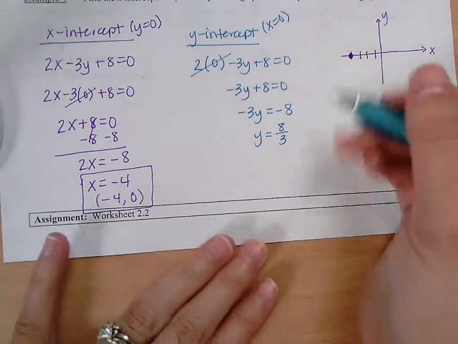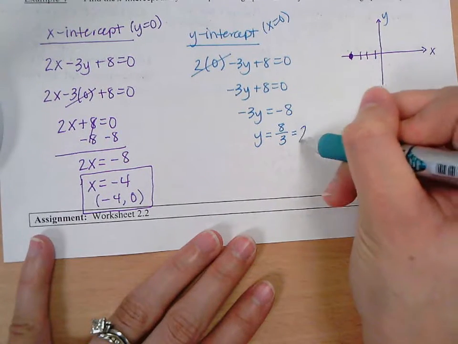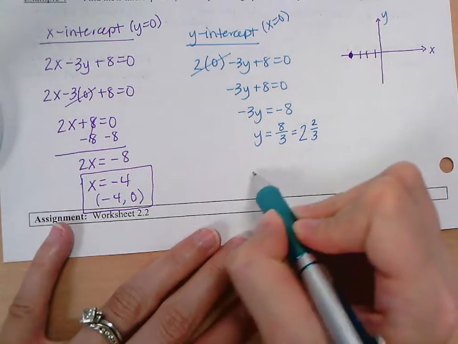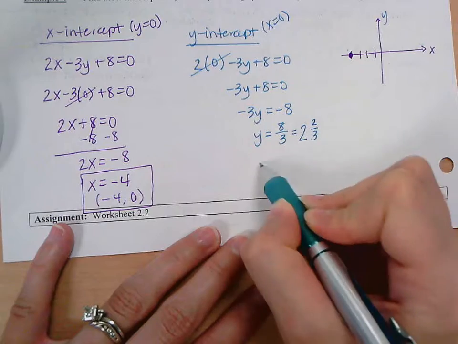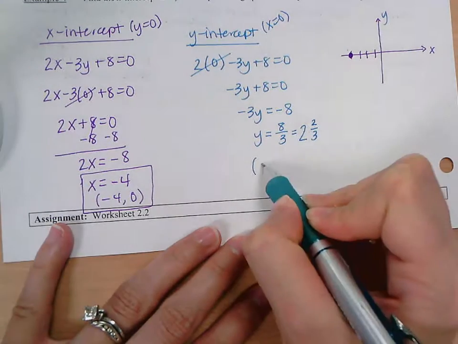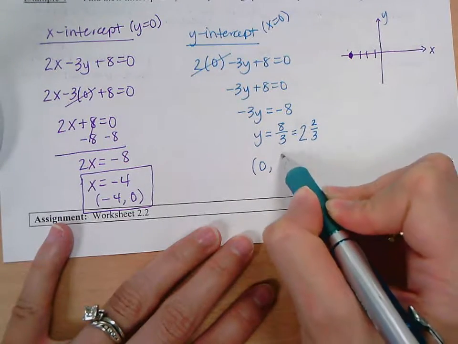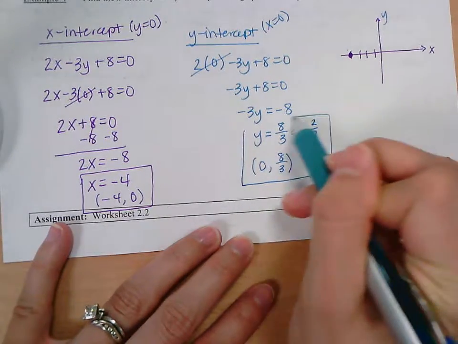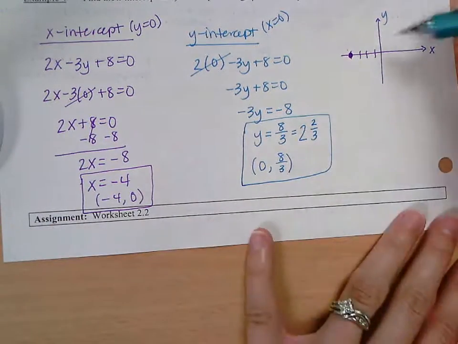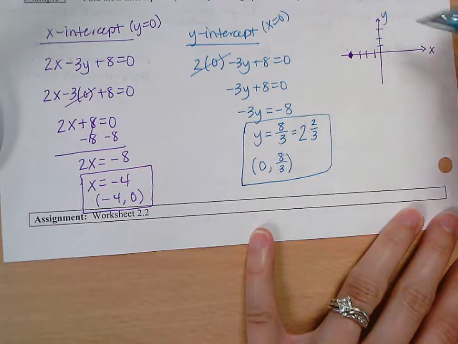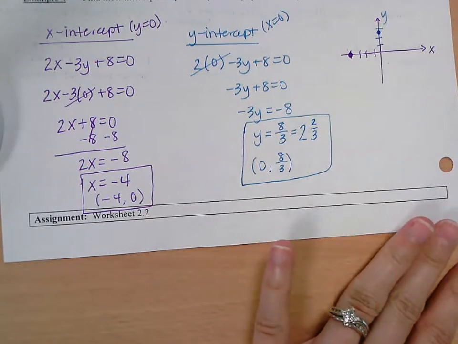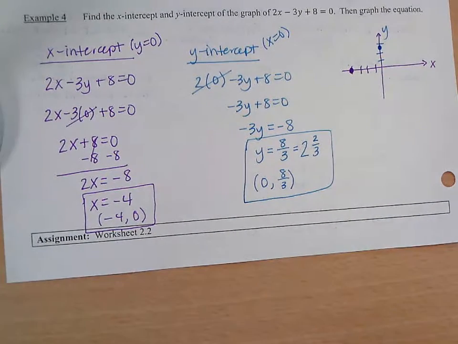If you wanted to write it as a mixed number, this would be 2 2/3. Giving that as your answer or putting it as an ordered pair, the x-coordinate is 0, the y-coordinate is 8/3 or 2 2/3. And so if I plot approximately where 2 2/3 would be on the y-axis, that's my y-intercept.